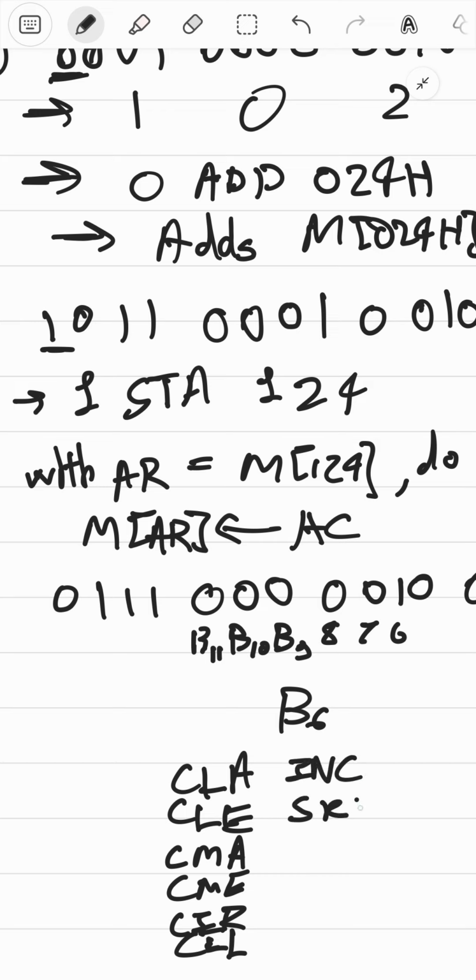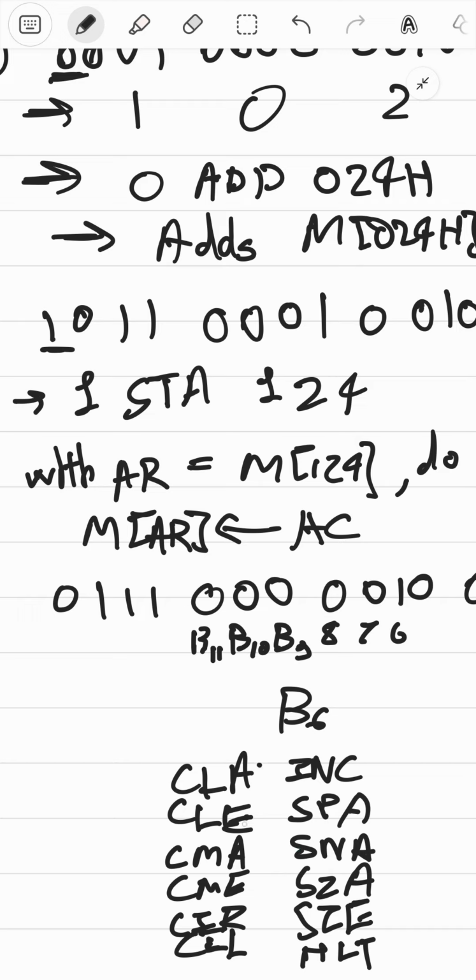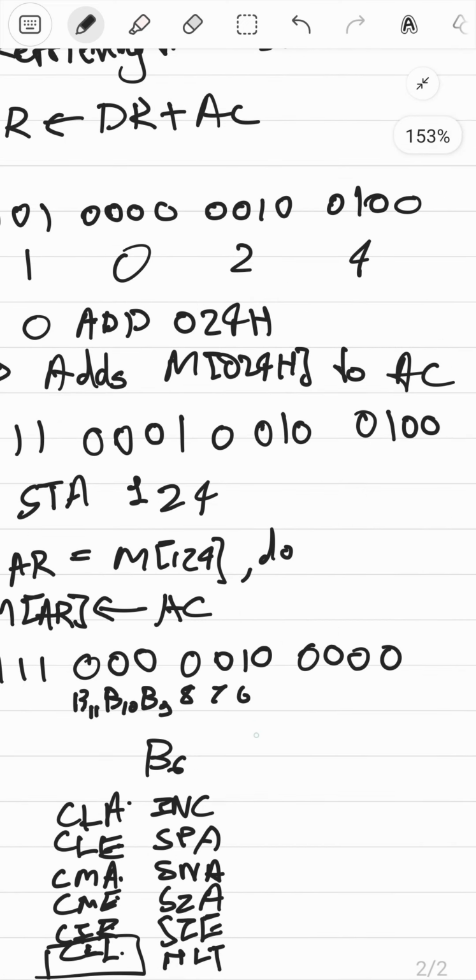So skip on positive accumulator, skip on negative accumulator, skip on zero, skip on zero E, and then the halt. These are the ones. So it's 11 10 9 8 7 6. So 6 is circulate to the left. Yeah, that's pretty much it.